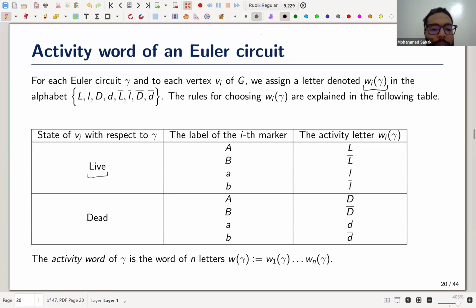If Vi is live with respect to gamma, then the letters will be L letters.